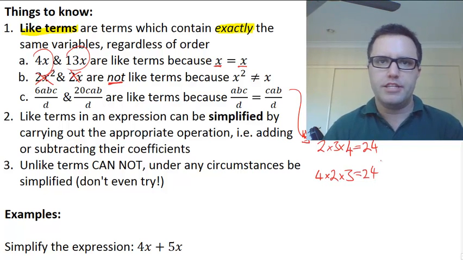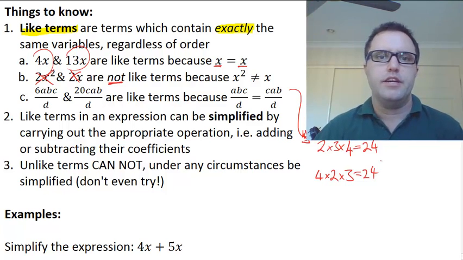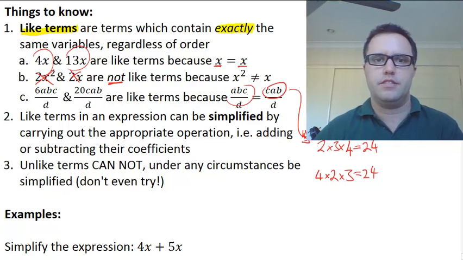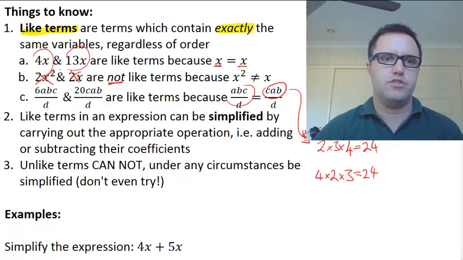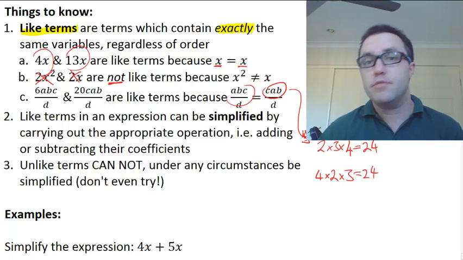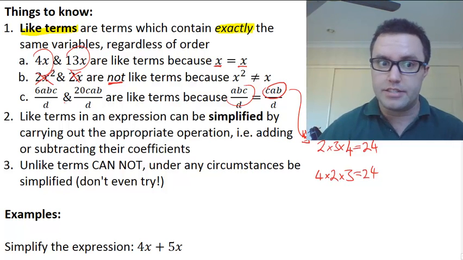So with multiplication, you can switch things around. So our a, b, and c, it doesn't matter what order we have on the top here, they're still the same thing. That means these two are exactly the same type of term, so they are considered like terms.